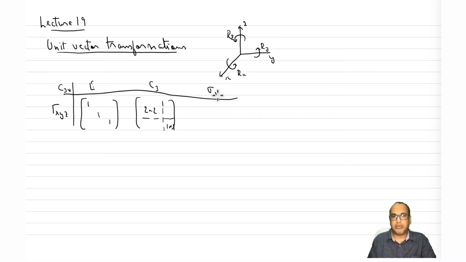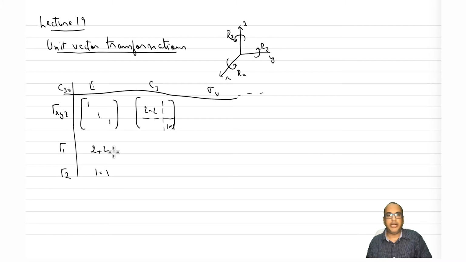And similarly for sigma v and so on, we can observe. So this, upon block factorization, gives you tau 1, which is of 2x2 order, and tau 2, which is of 1x1 order, and both are irreducible representations, right? So this we saw.